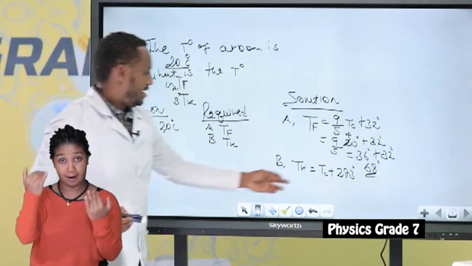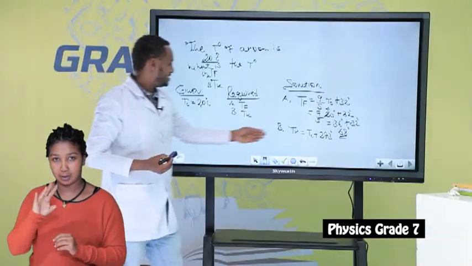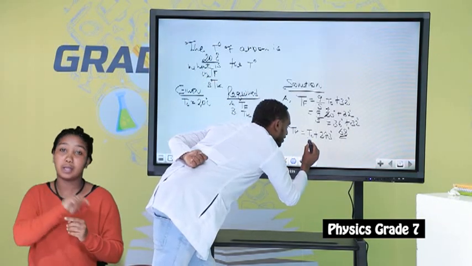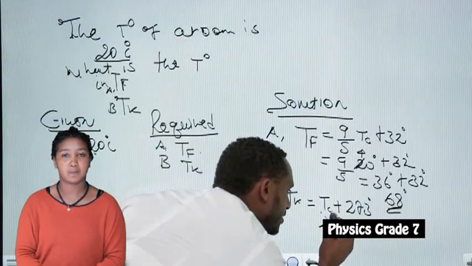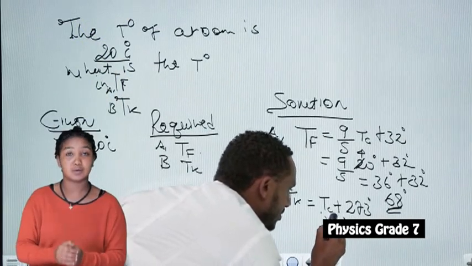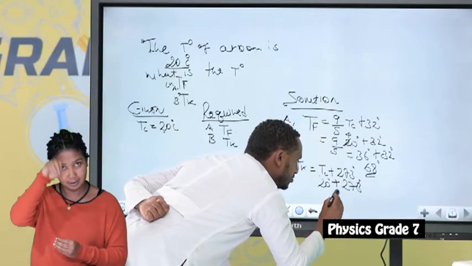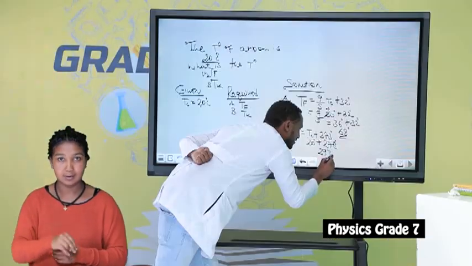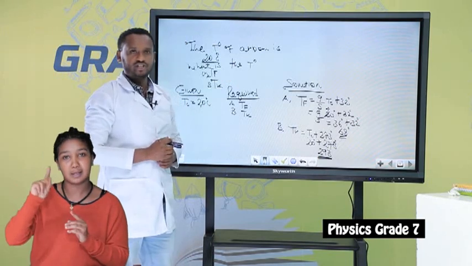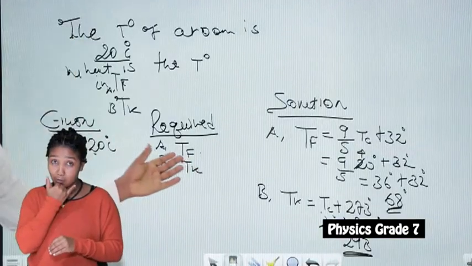Now our temperature in Celsius is 20 Celsius, so we can substitute 20 into temperature in Celsius: 20 degrees plus 273 degrees. That is 293 degrees. This is the temperature in Kelvin. Please students, if you are wrong, take this correction.